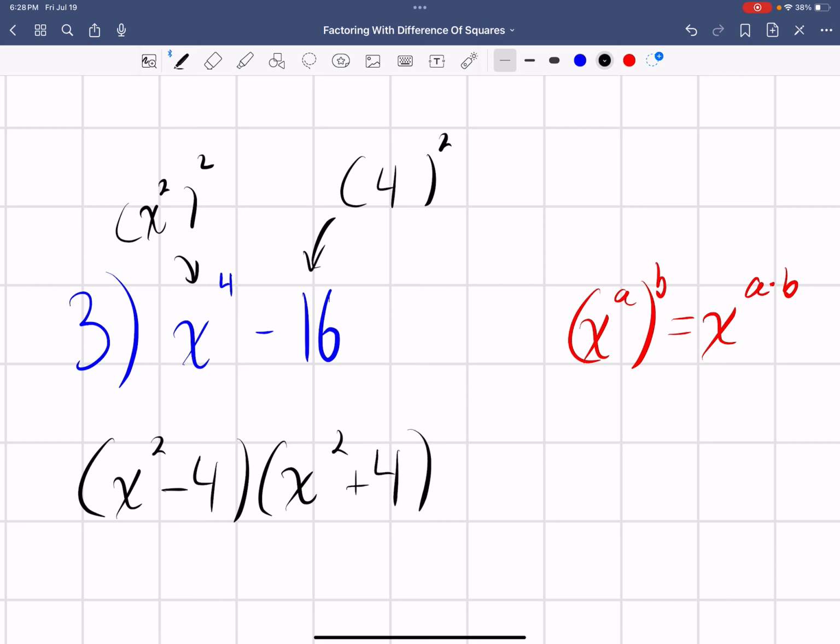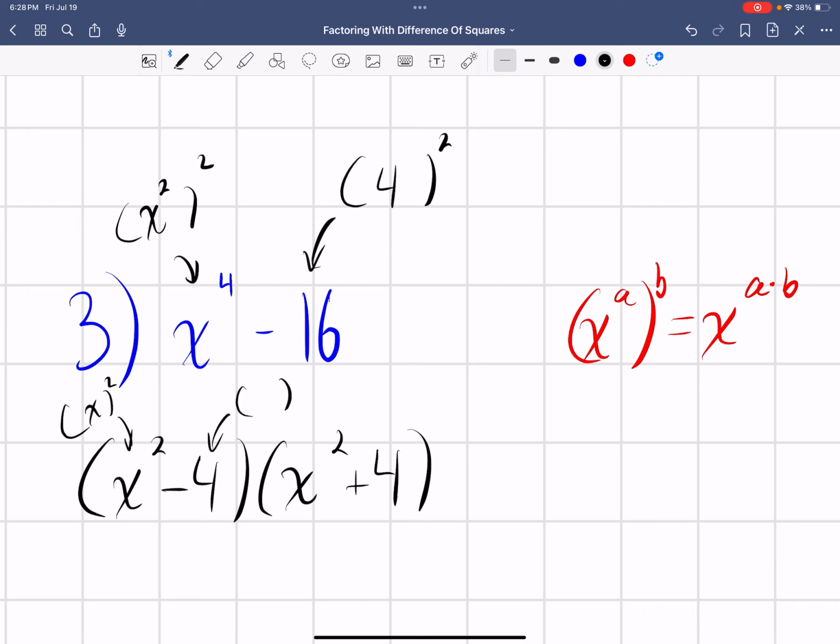However, for this problem, and this is a really common theme for all factoring problems, you always need to make sure that you factored completely, that there's no more possible factoring that you can do. And if we look at this first factor, it's also a difference of squares and can be factored further. So the question then is, what squared gives us x squared? That's just x.